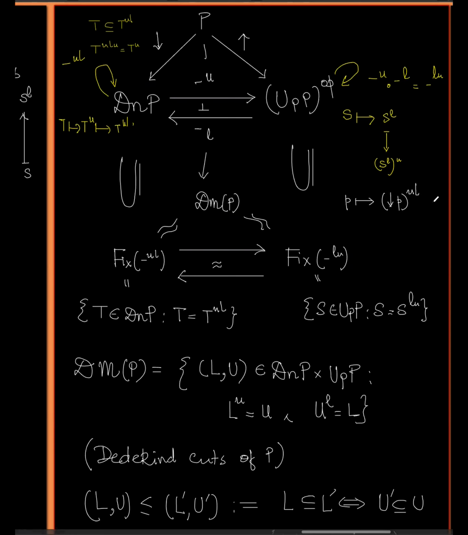So that gives you the analog of the rational numbers. And so this is usually called the Dedekind-MacNeille completion of P.